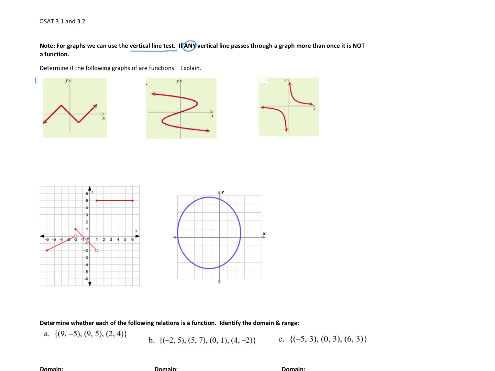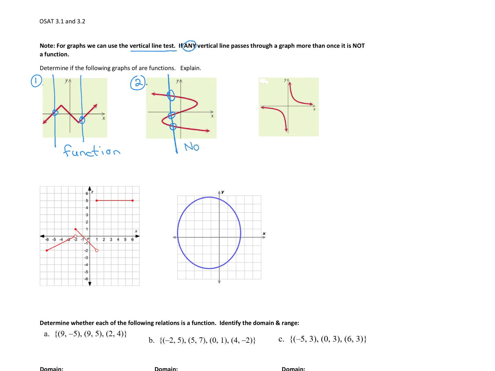For our first example, number 1, no matter where I draw a vertical line in this instance, it is only going to cross one place. So this is a function. This second example, number 2, you can see that it is possible to draw a vertical line and cross in more than one place.